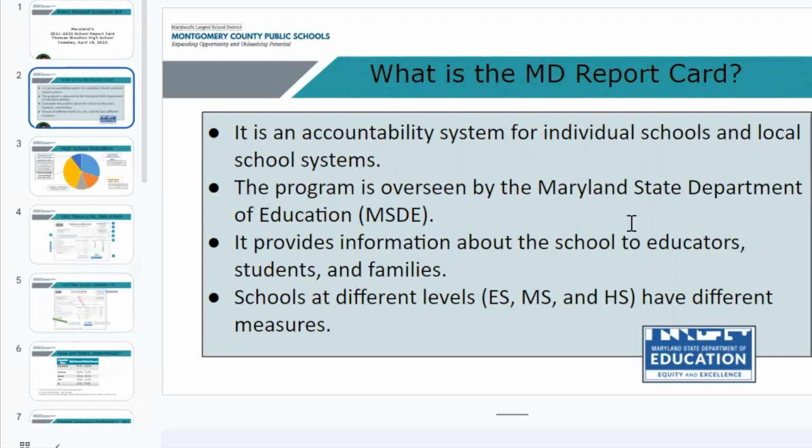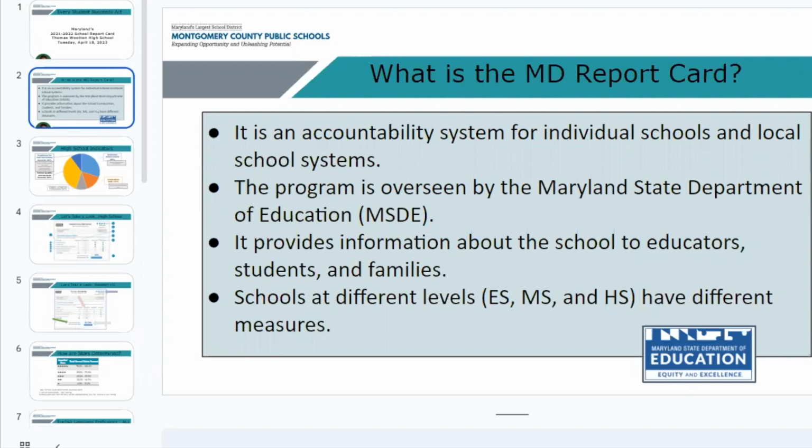The Maryland report card system, at a very basic level, is an accountability system for individual schools and local school systems, meaning each school, MCPS, and every school across the state of Maryland is a part of this accountability system, in which the measures produce a specific report that has information for that school individually.